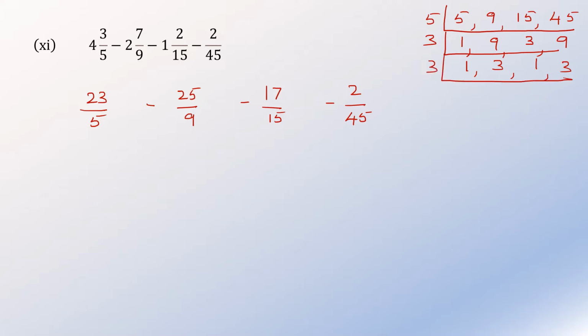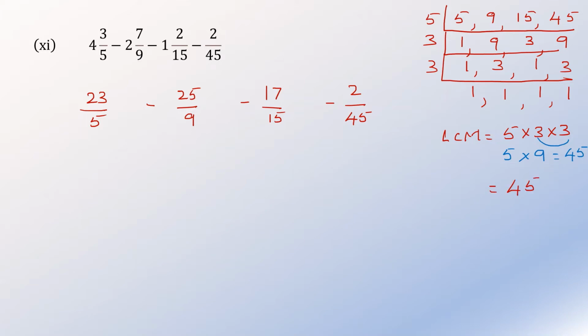Then I bring down 3. 1. 3 ones are 3. 1 and 1. Okay, so our LCM equals 5 into 3 into 3, which is 5 into 3 threes are 9. 5 nines are 45. So our LCM is 45.